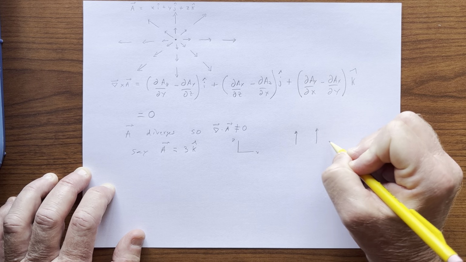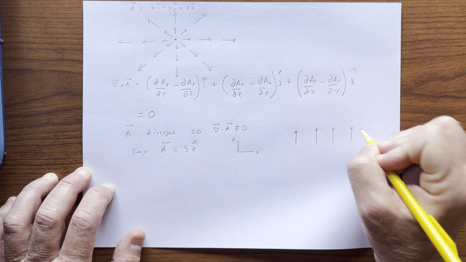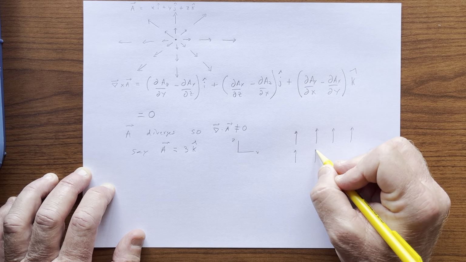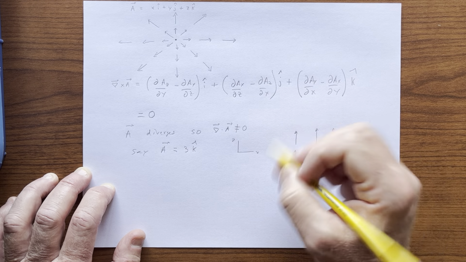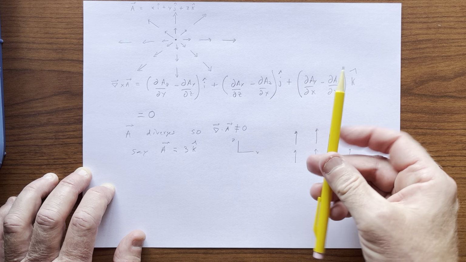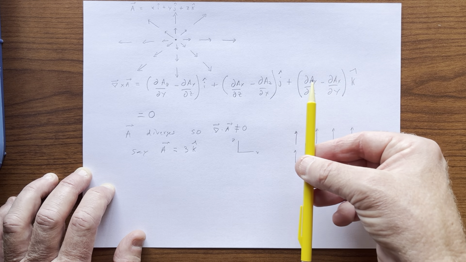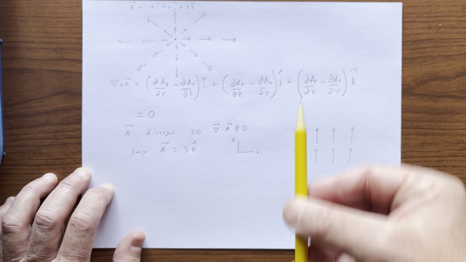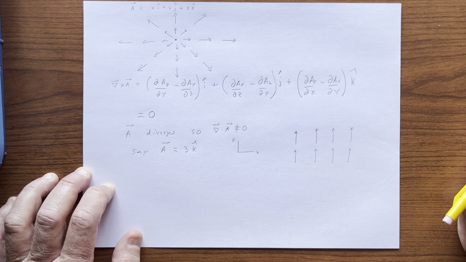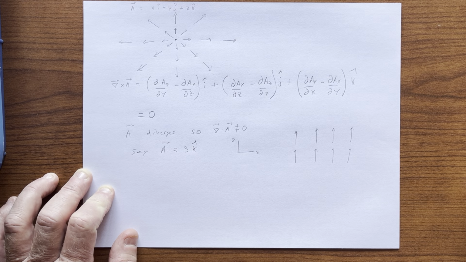Everywhere it would have a length of 3. And if we move more in the positive y direction, we're moving upwards this way, but we always have arrows everywhere of length 3 pointing in the same direction.